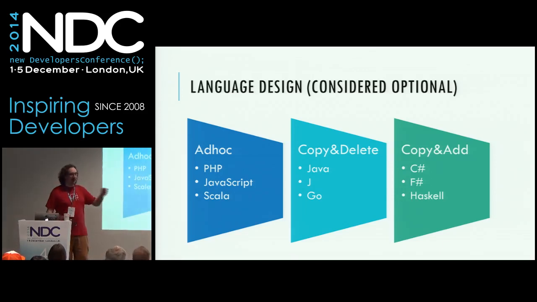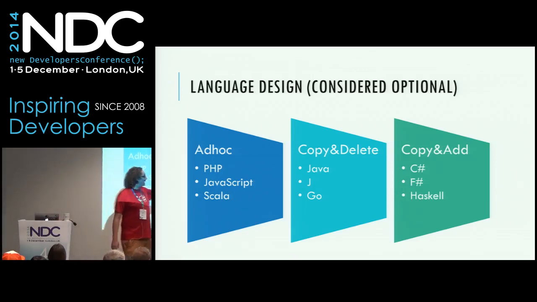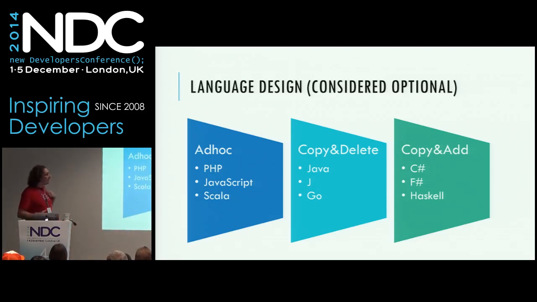So Java took it out, they put it back in again, and to be fair, they added events, and later on they added a bunch of really nice things like LINQ. F# is a copy of OCaml with some added features, and Haskell is a blatant copy of Miranda, where they've added monads, which Scott was talking about, and type classes, and yeah, that's pretty much it. So even these modern languages are literally just copying one, tweaking it a little bit, and adding a few bits. So we don't have to spend long on language design, just decide which one you're going to copy, and whether you want to remove things or add things.